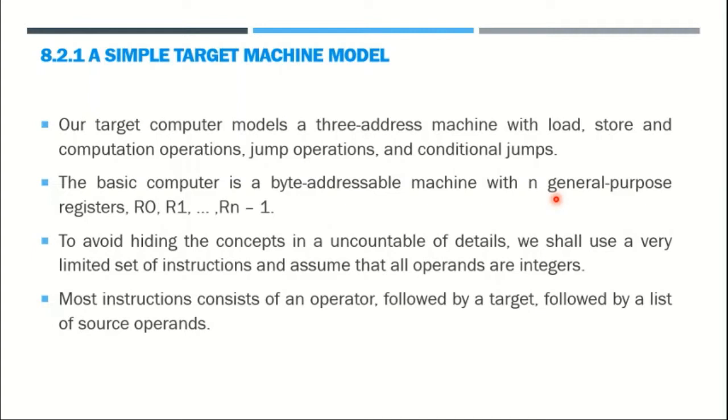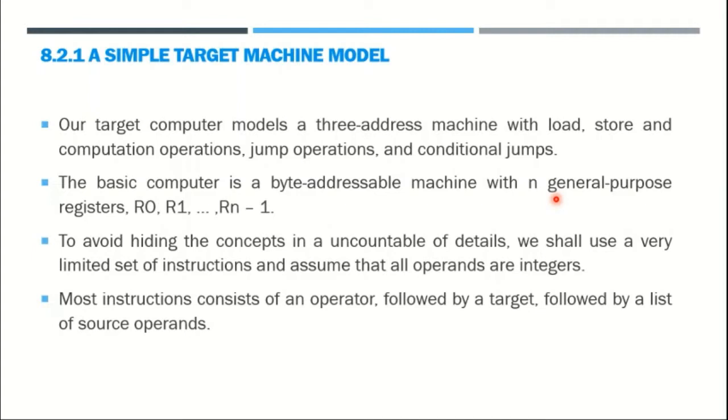To avoid hiding concepts in an uncountable number of details: while generating the target code or executing that code, at the time of execution there may be hidden instructions or hidden concepts.